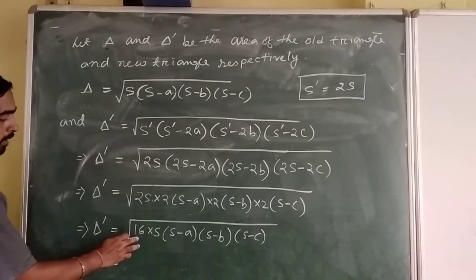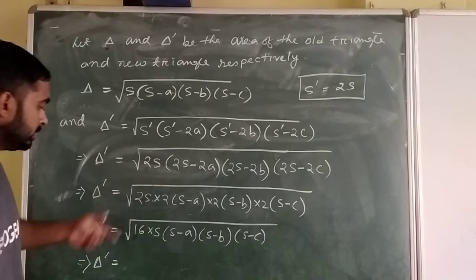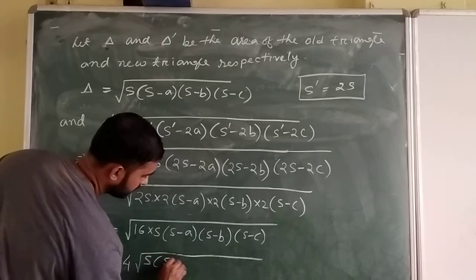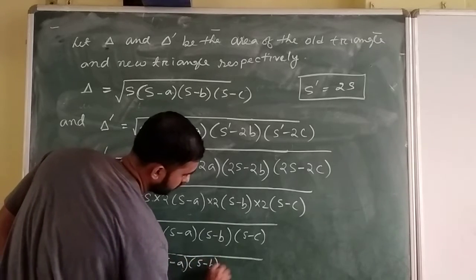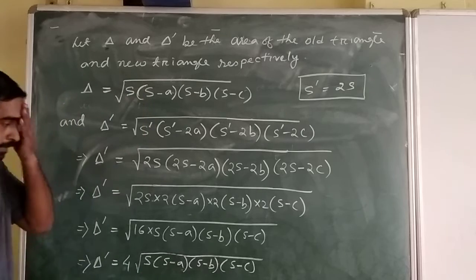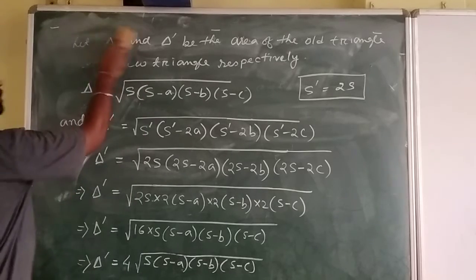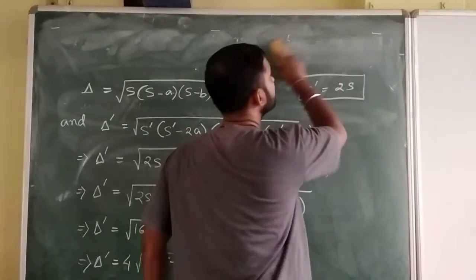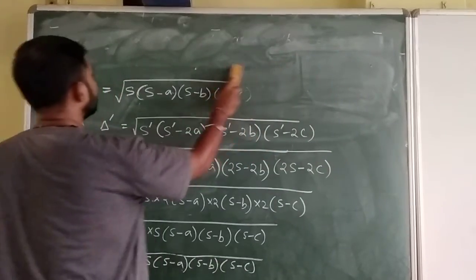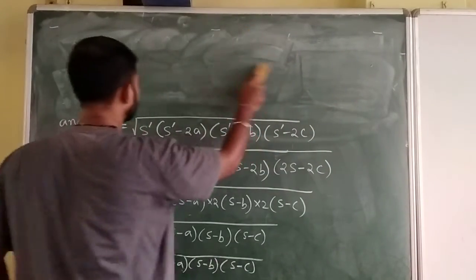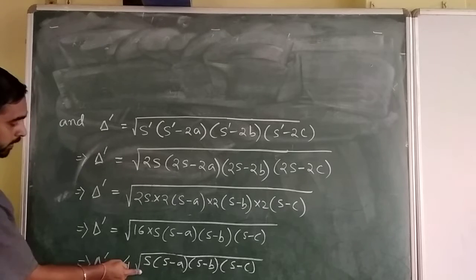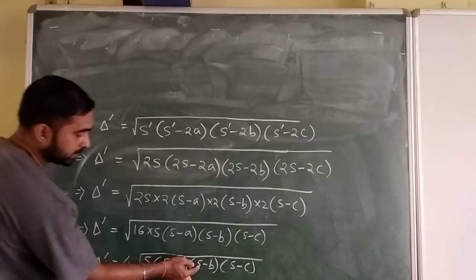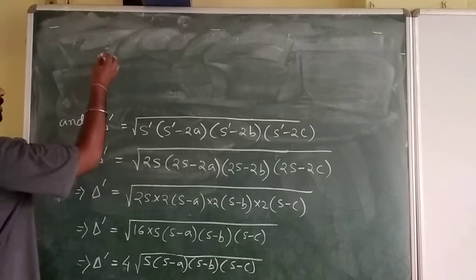Now what is the square root of 16? 16 means 4. It remains the same, S, S minus A, S minus B, S minus C. Now in the area of the whole triangle, we represent the square root of S, S minus A, S minus B, S minus C by the area of the first triangle.